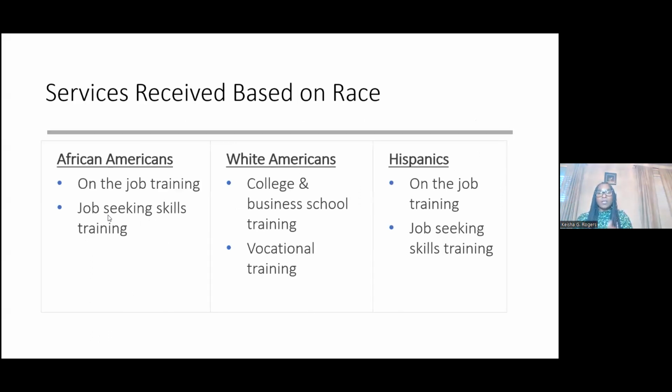And when we look at the services received based on race, this is what we find, right? We find that the amount and the type of services varies greatly. More money is spent on white Americans, and this is, again, all of the studies, including the newest study that was published in 2022. So African Americans may get on-the-job training, and white Americans would be provided funding to go to school for 4 years and earn their degrees.